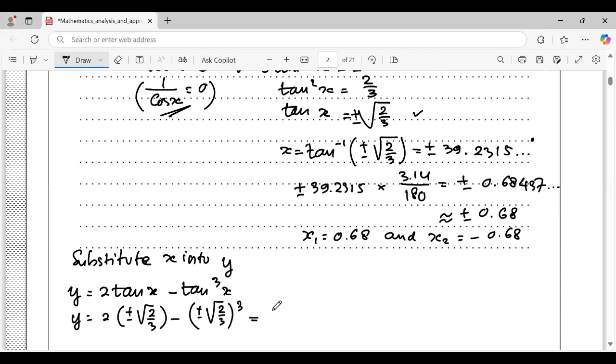And the result is positive and negative 1.08866. Okay, not convert, but round off: positive negative 1.09. So there are two y.